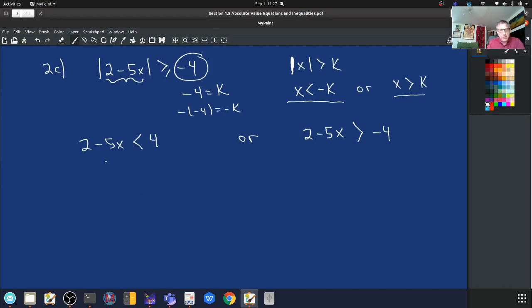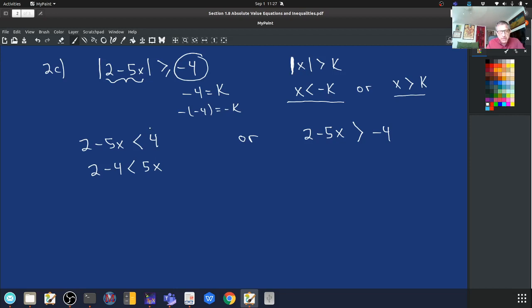And now let's solve it. So remember from my last lecture, I like my coefficients on my variable term to be positive. So I'm going to subtract 4 from both sides and add 5x to both sides.